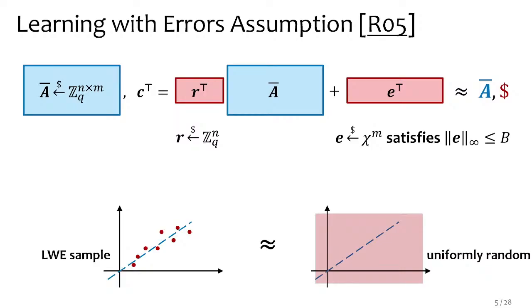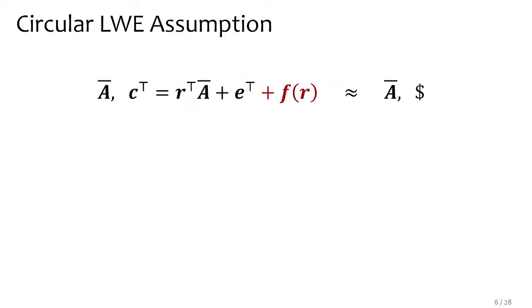And in the LWE assumption, we can replace the distribution of the secret R by the same distribution as the error distribution. And we'll use this version in our work. And I also mentioned the circular LWE assumption. It's very similar to LWE, except you add a function of the secret to the LWE sample.